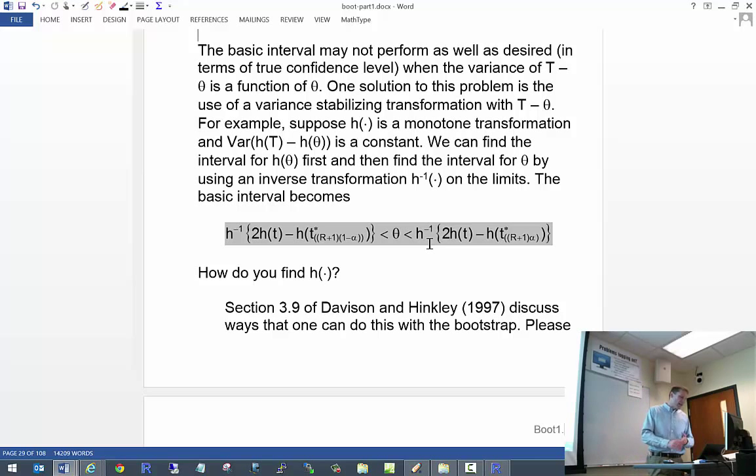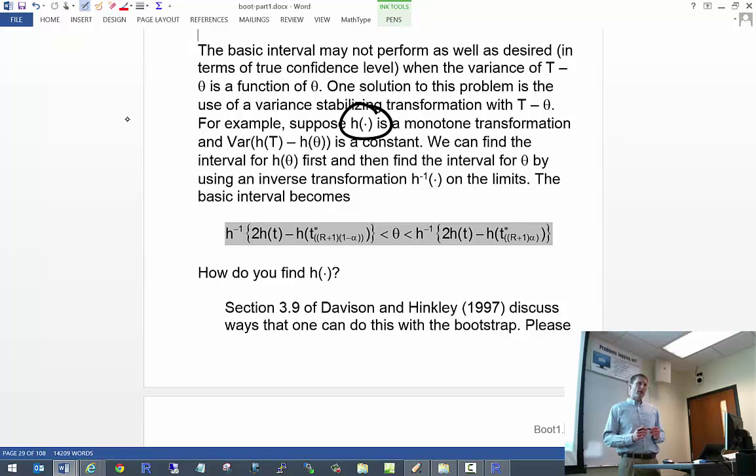There is somewhat of a solution to it, and that is, suppose you know the existence of some transformation of t. So let's say I have a function h, and when I apply it to t, it's actually what's called a variance stabilizing transformation. What that basically means is that now the variance of h of t is equal to a constant.